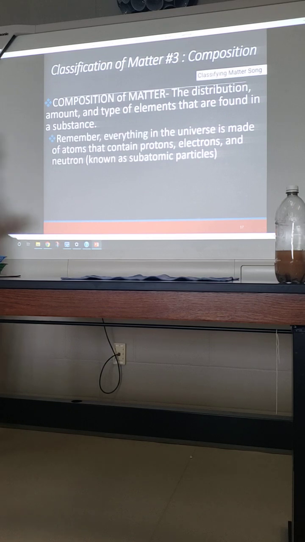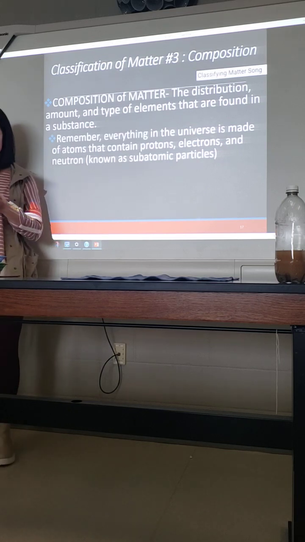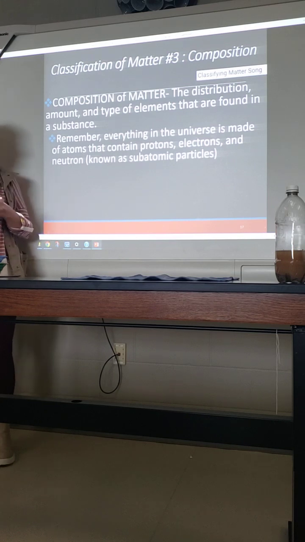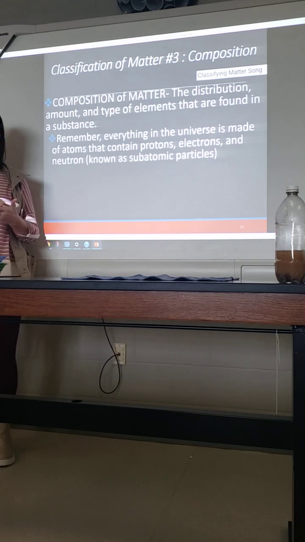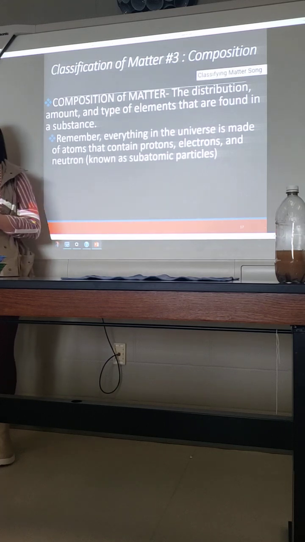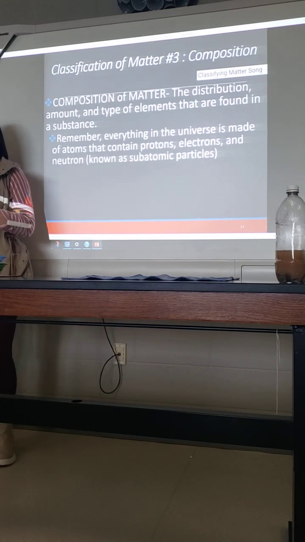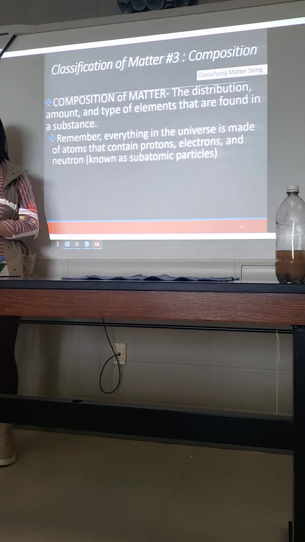So, we know that everything is made of atoms, which are made of protons and neutrons and electrons. Those protons, neutrons, and electrons are our subatomic parts, or subatomic particles, right? Because they are sub or smaller, they're below the size of an atom. Those are the things that make up the atom.